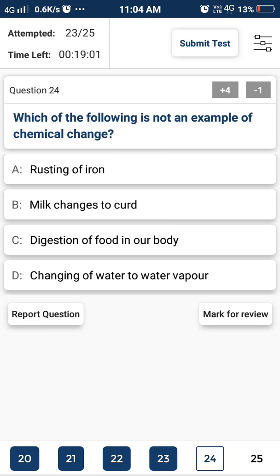Which of the following is not an example of chemical change? Rusting of iron, milk changes to curd, digestion of food in the body, changing of water to water vapor. Changing of water to water vapor is not a chemical change because it is a physical change.